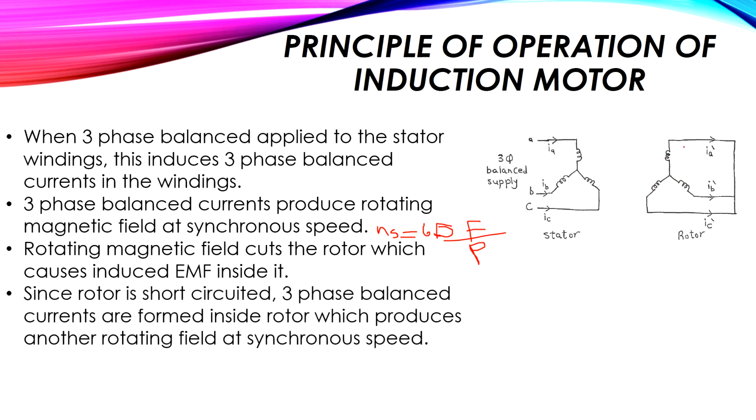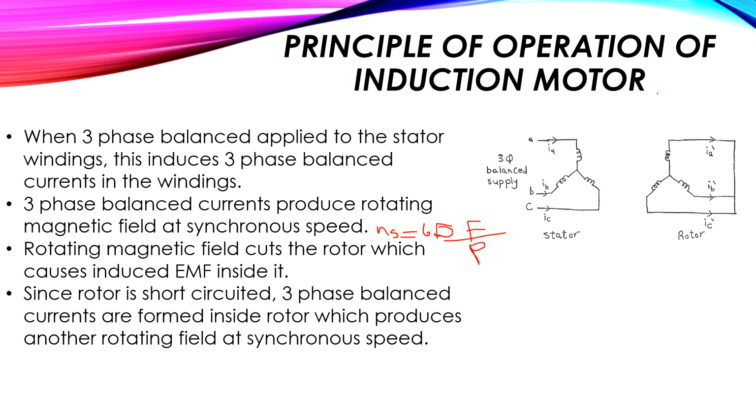Since the rotor is short circuited, three-phase balanced currents will be produced. Since it's short circuited and we have induced voltage here, another one here, and another one here, three-phase balanced currents are produced.